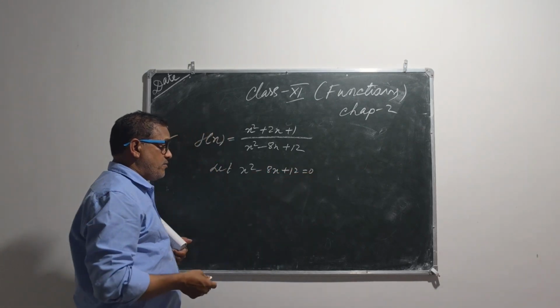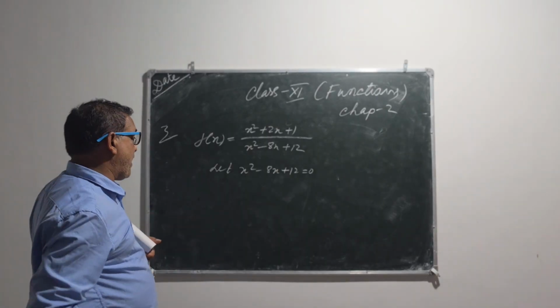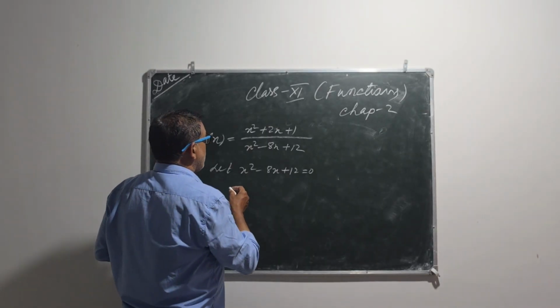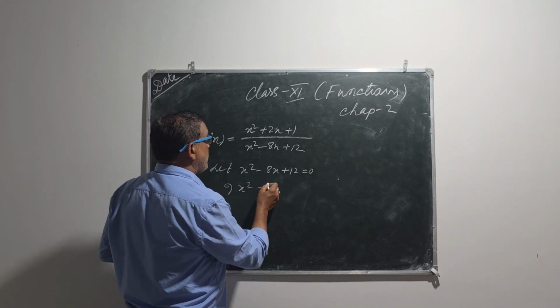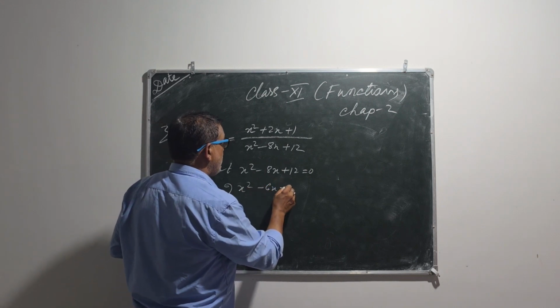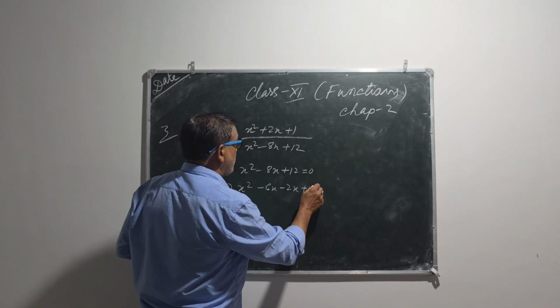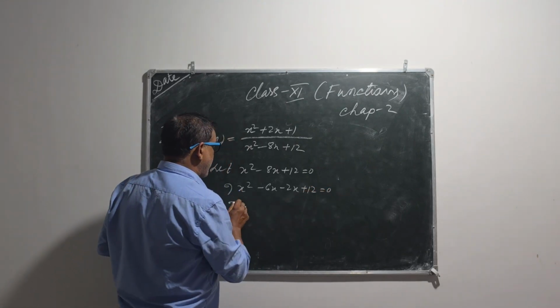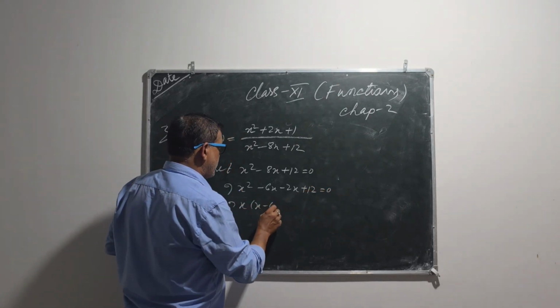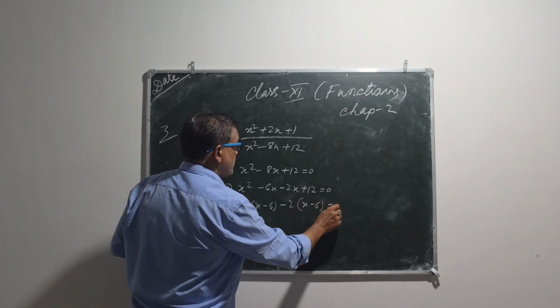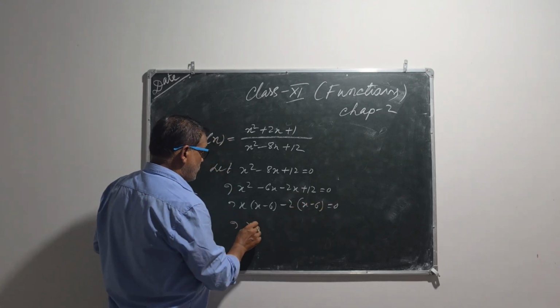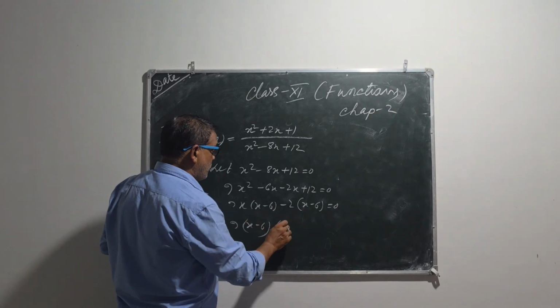If we want to factorize this middle term, then we can factorize in this way: x square minus 6x minus 2x plus 12 equal to 0. So we can take common x minus 6 here, and 2 is common, so x minus 6, again this will be 0. So x minus 6 whole into x minus 2.